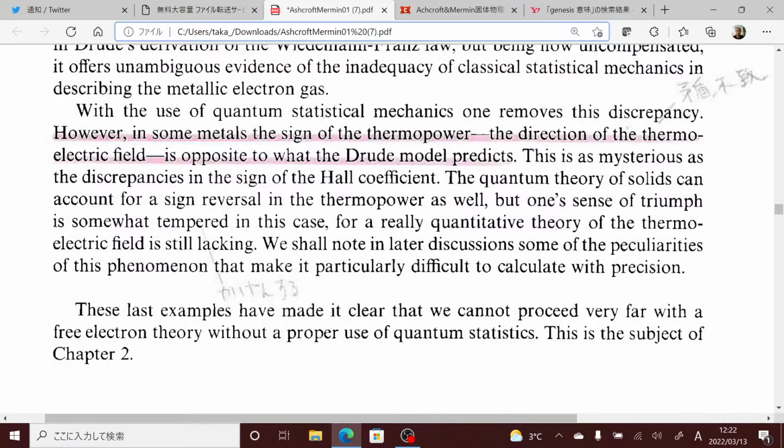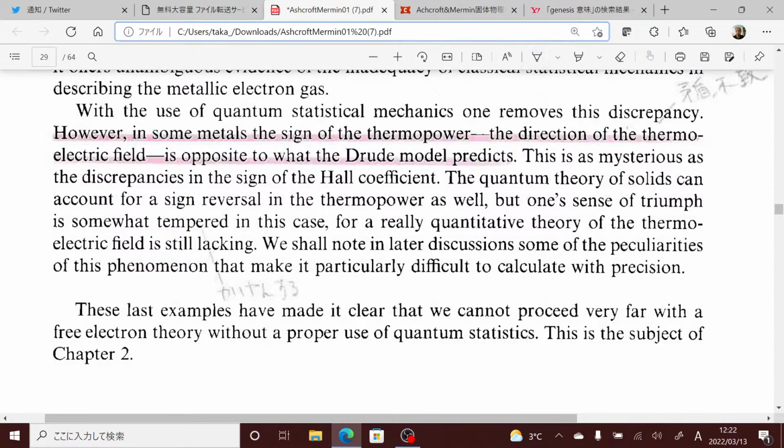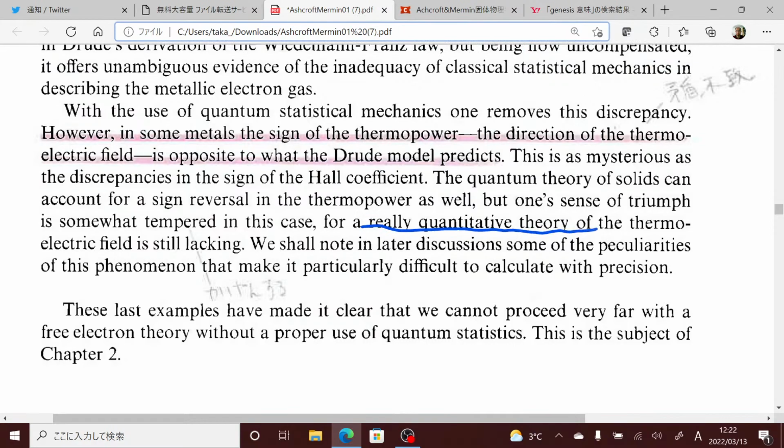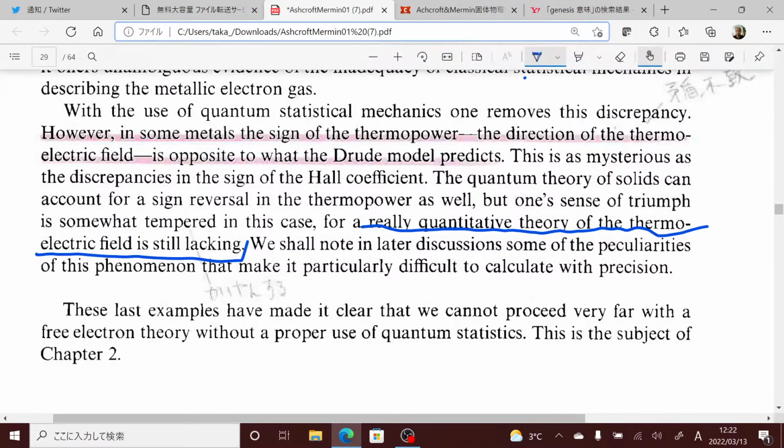A really quantitative theory of the thermoelectric field is still lacking, even with quantum theory.